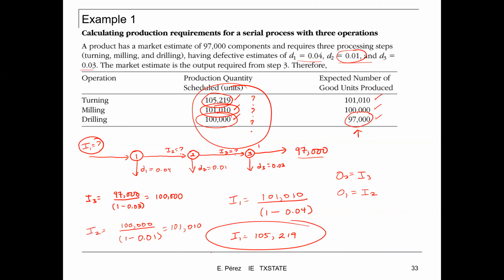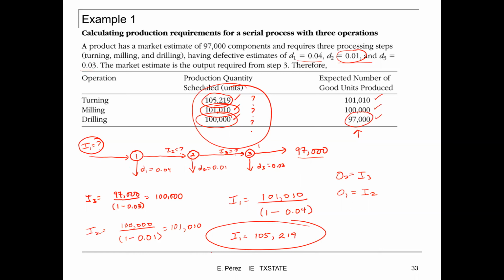97,000, and knowing the percentage of parts that were expected to be defects for each one of the stations. In this case, we have 3 stations.